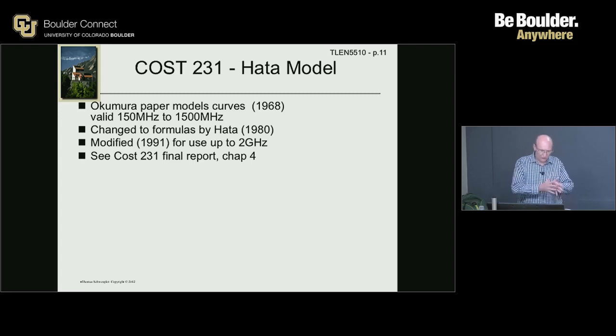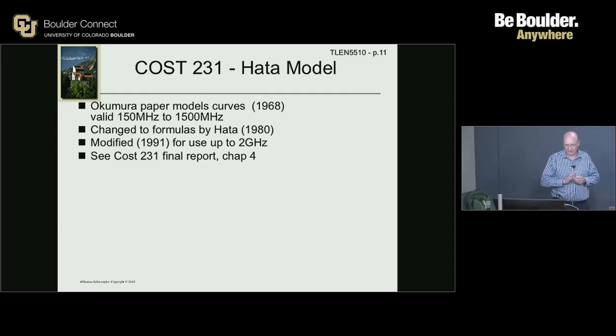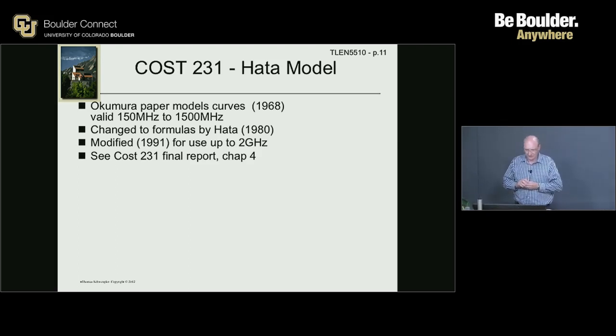Maybe he measured most of them around 150, and he considered they were valid for about a decade of frequency, and after that we couldn't use his model. So valid from 150 megahertz to 1500 megahertz, which happened to be perfect for the early cellular models around 800 megahertz of spectrum.